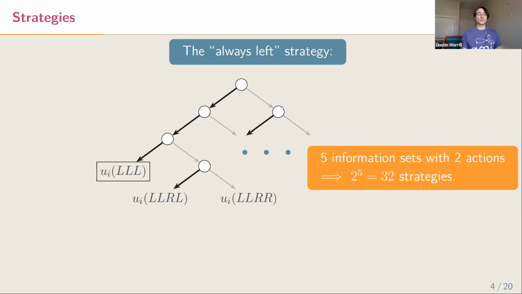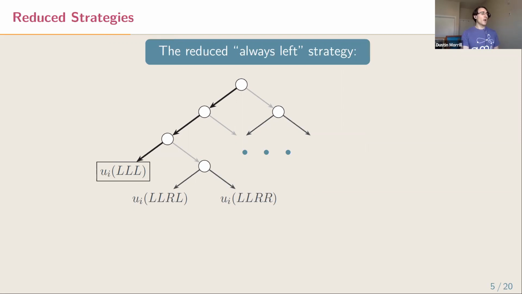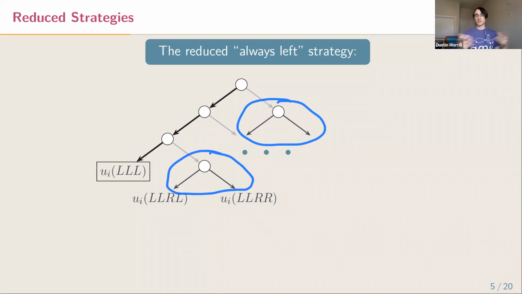So the set of strategies grows very quickly with the size of the game. Now, another way to represent strategies that's slightly more compact is we can avoid defining the behavior at information sets that are never reached, like these 2. And strategies like this are called reduced strategies because they remove this extra information.